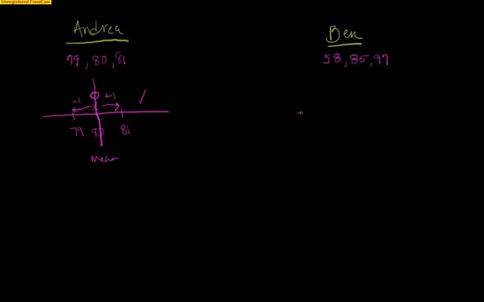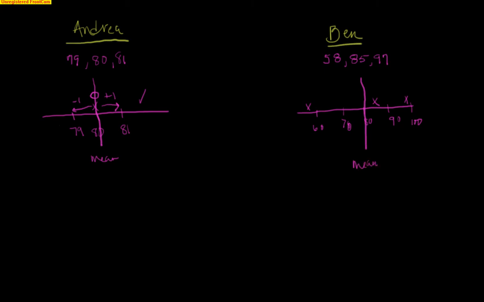Let's take a look at the spread from Ben. Let's do 60, 70, 80, 90, 100. Ben scored an 85 on one of his tests, a 97 on another, and one of his tests was a 58. If I draw the mean right here at 80, which is not exactly one of the test scores, it is that balancing point.